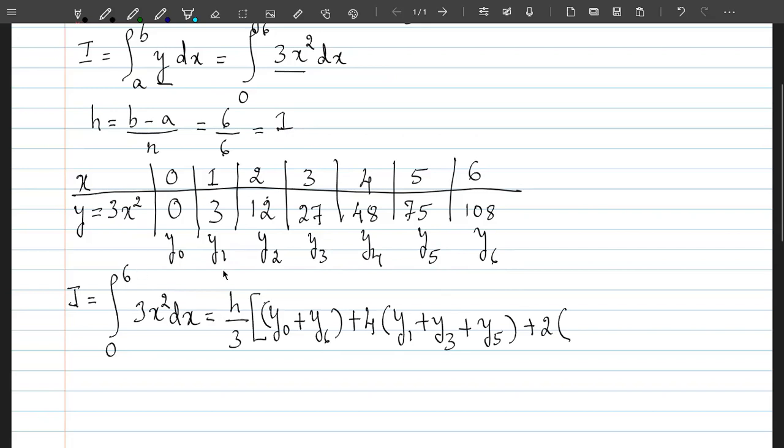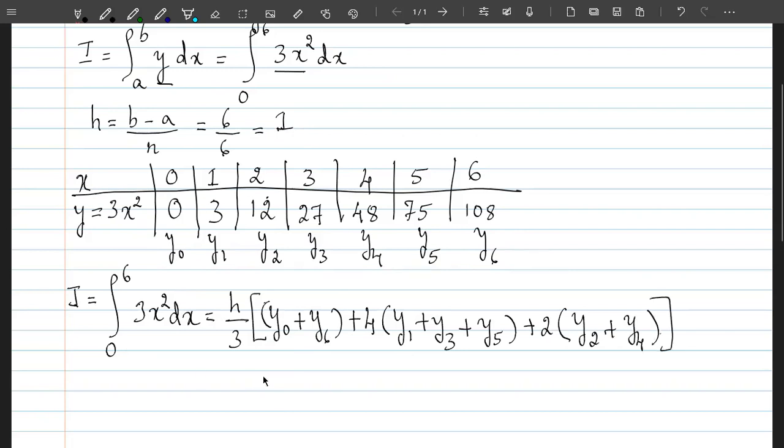Now we take all those terms which have got even subscripts for y. Please note, you have already taken y0 and y6, and they are already listed here. So when you are writing the even subscript terms, do not consider the first term and the last term. The remaining terms of y with even subscripts are y2 and y4.